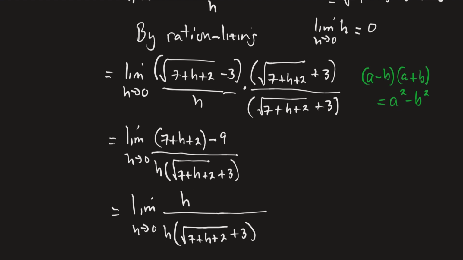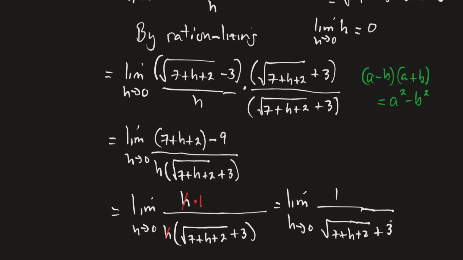Just be careful when you reduce, and it happened earlier when we dealt with limits. Just remember that there is a factor of 1 that's left, right? So we're going to have a 1 in the numerator, right? And then we have the root of 7 plus h plus 2, so that's all under the radical, and then we have a plus 3, right?